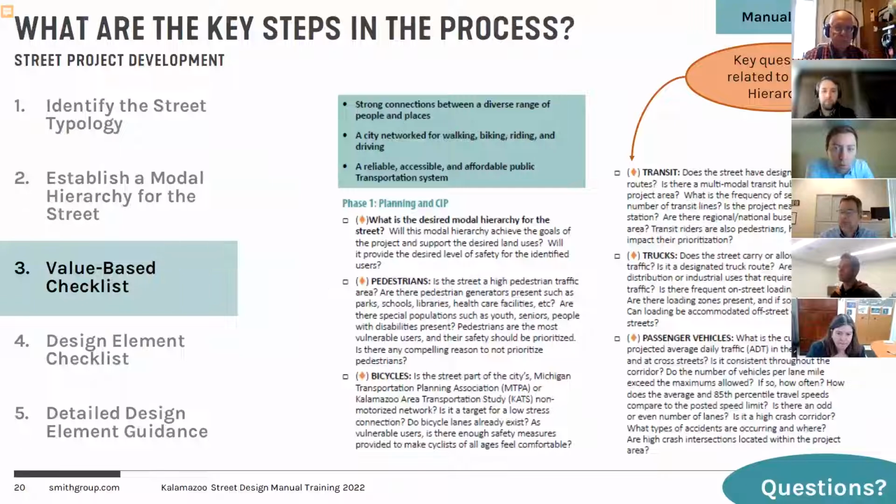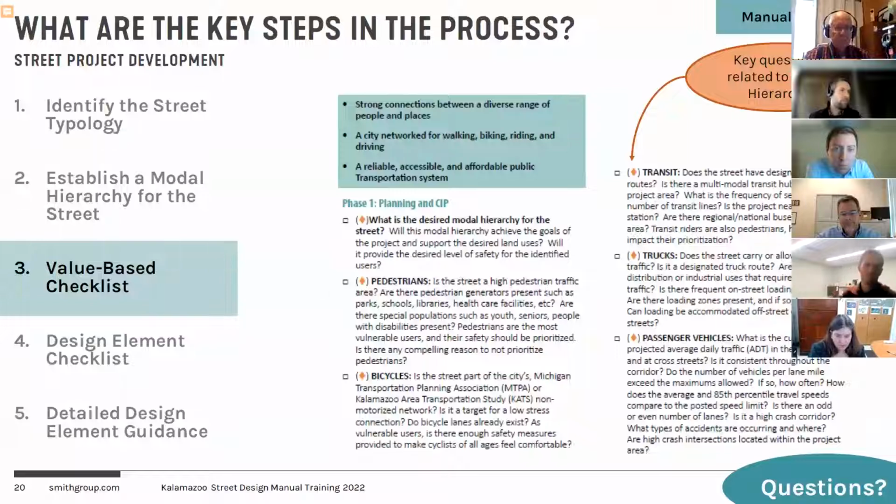You can see right here, there's those questions. Read those, ask and take a look. How do they apply to your project? What are the answers specific to the project that you're working on? And use these to help you figure out what your modal hierarchy is. And quite frankly, this is going to ensure that the street design isn't siloed, right?